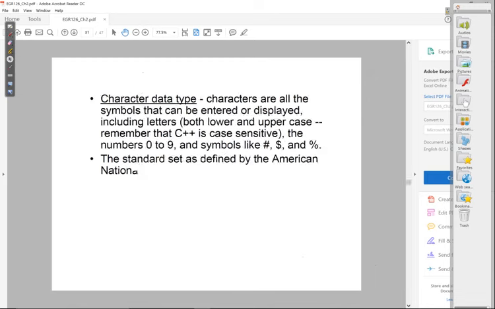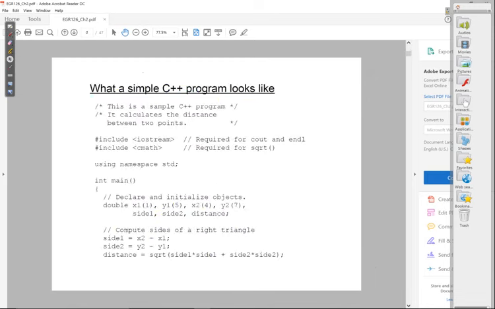We specified those 2 points by creating our variables x1, y1, x2, y2, and then immediately specifying the coordinates. The point x1, y1 has the coordinates 1 and 5, and the point x2, y2 has coordinates 4 and 7.